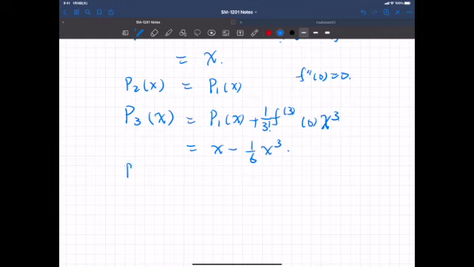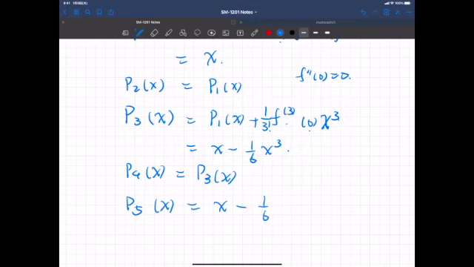And p4 is the same as p3 because the fourth derivative evaluated at 0 is just 0, so that's not meaningful. And p5, if we continue the same procedure, will add 1 over 120 and x to the power of 5.